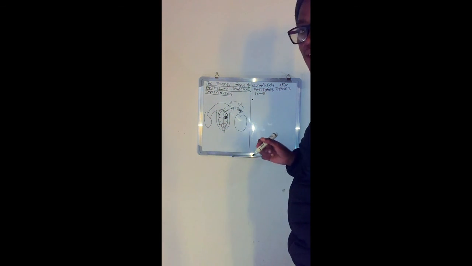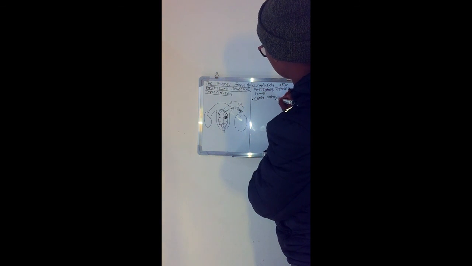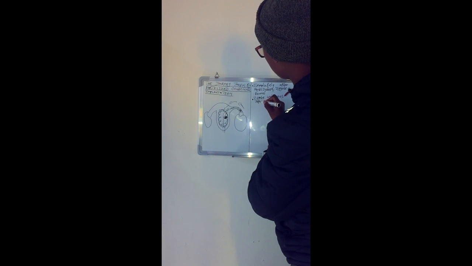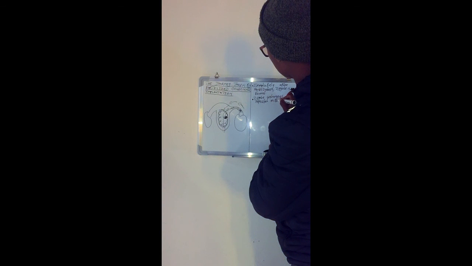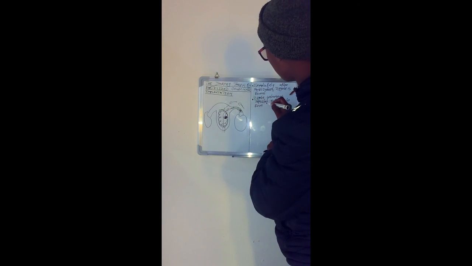So after that, the zygote undergoes repeated mitosis to form a ball of cells called morula.